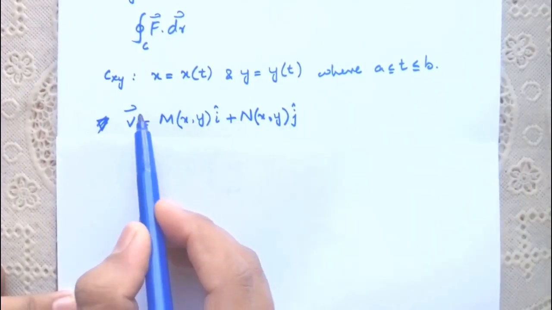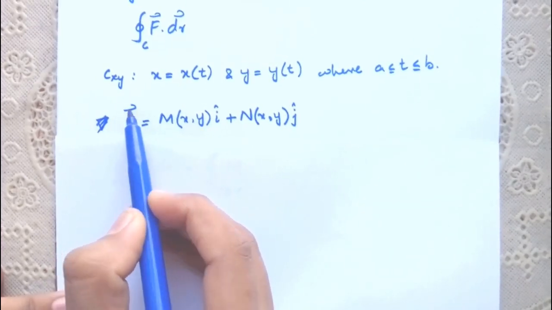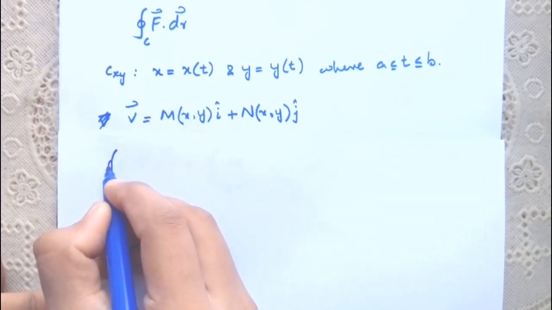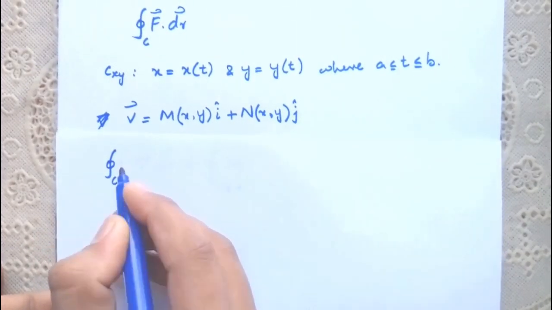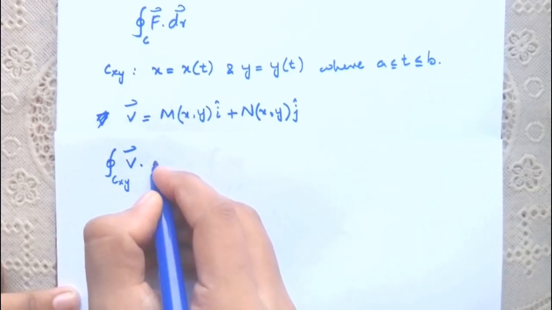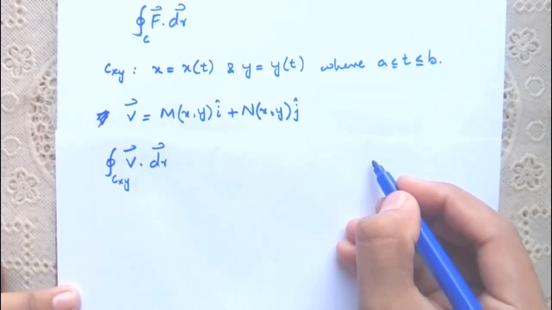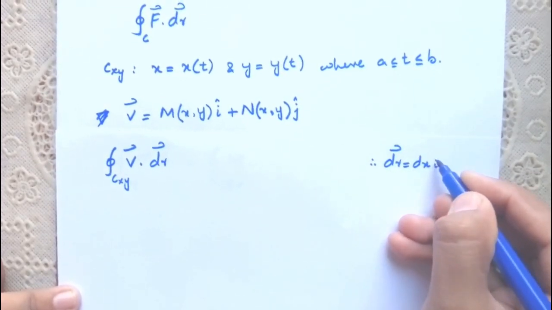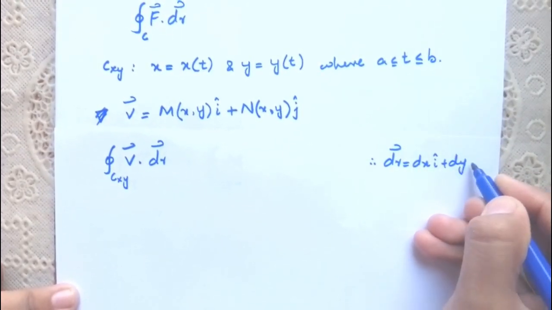If we evaluate the line integral of the vector field v over the curve C_xy, then it will be the line integral over the closed curve C_xy of v dot dr, and here dr is equal to dx in the direction of i plus dy in the direction of j.